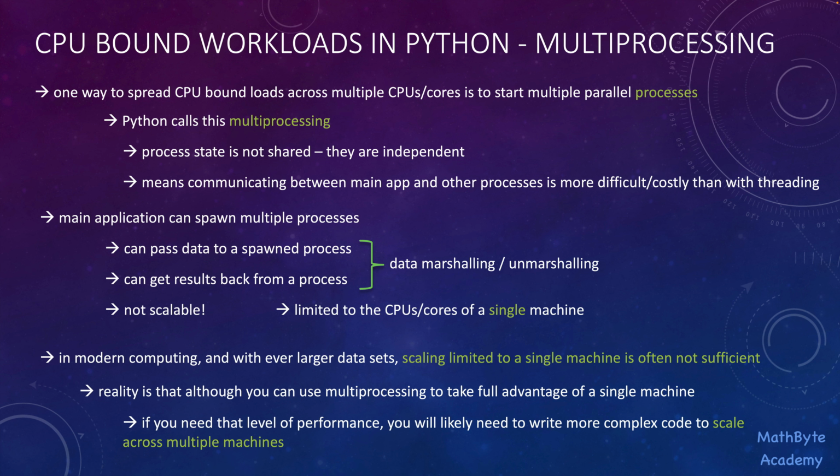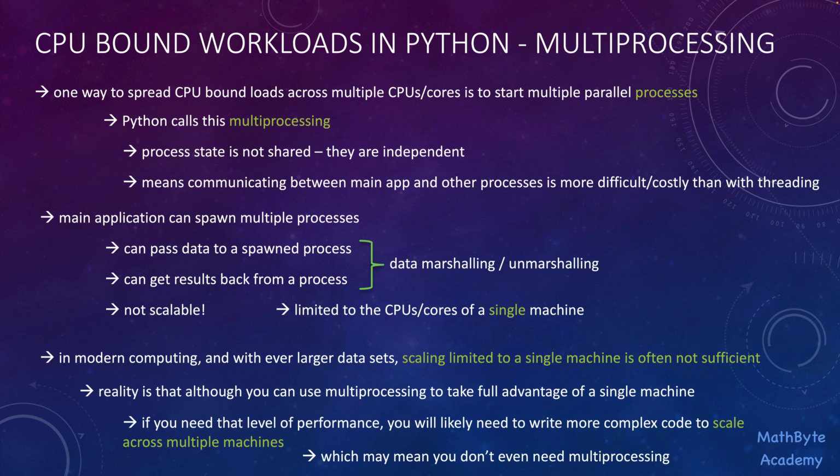But the point is that multiprocessing in Python is nice, it's great, but if you're dealing with problems where you need to scale beyond a single processor, you're probably going to need to switch to a different strategy anyway so that you can scale across multiple machines. Which may mean you don't even need multiprocessing, maybe.